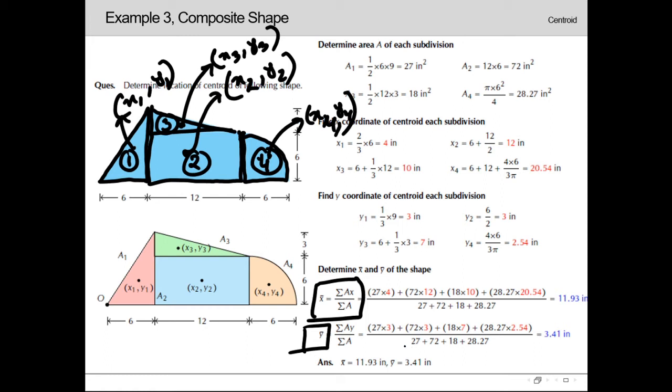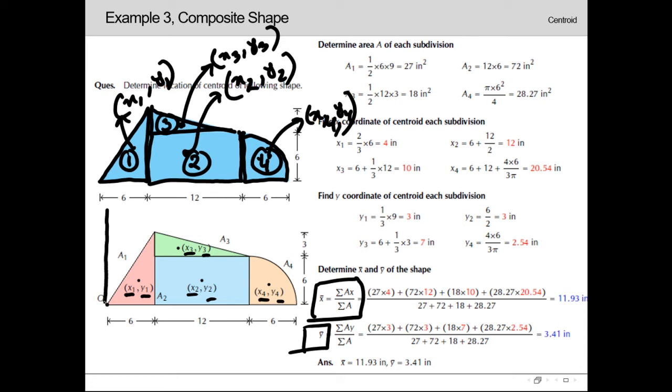So our first step is to divide it into simpler segments. We have already done it. Now we need to consider a reference axis with respect to which we calculate the values of x1 y1, x2 y2, x3 y3 and x4 y4.